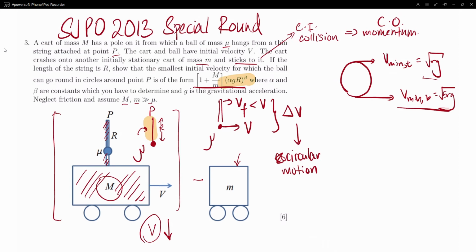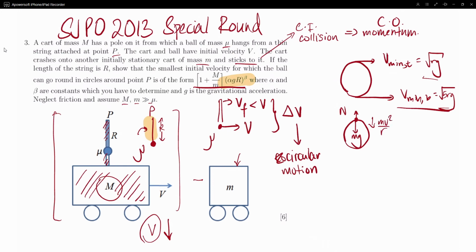Okay, so let's start. We have to start with finding the minimum velocity at the top. So when we have a circular motion here, and say a ball here, it's going to have its weight mg, it's going to have normal contact force or tension N, and the centripetal force or net force is mv squared over r.